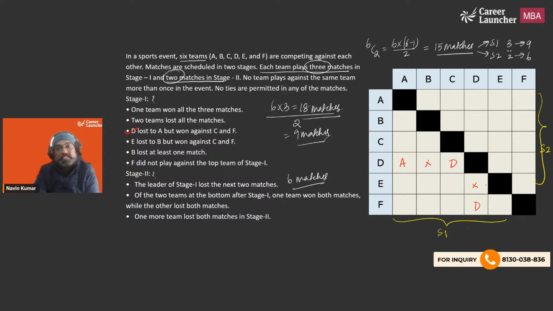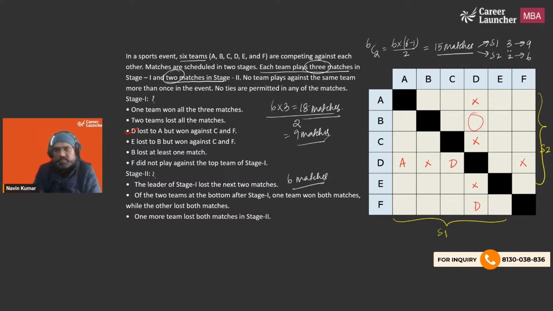These are the matches that D is supposed to play against B and E in the next stage. The match between A and D has already happened here, so it won't happen in stage 2. The match between D and C has already happened, so it won't happen in stage 2. Similarly, between D and F, it won't happen later. These 2 matches will be happening in the next stage.